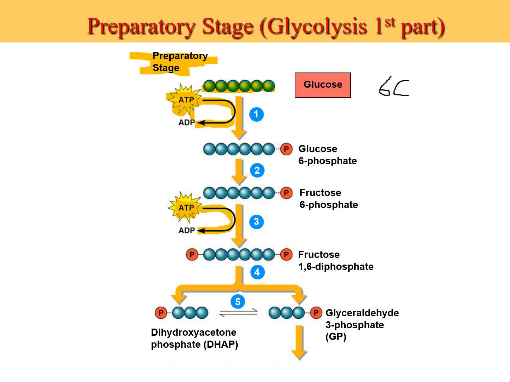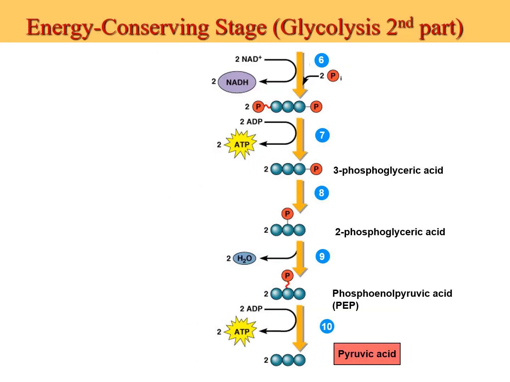That's the first stage. But when you get to the second stage, what happens is that ATP gets produced. So we had 2 ATPs being used earlier, but now we have 4 ATPs being produced. That's a surplus net of 2 ATP molecules.